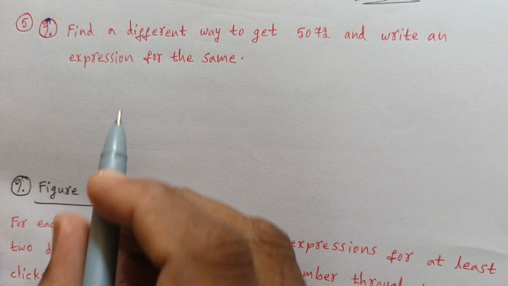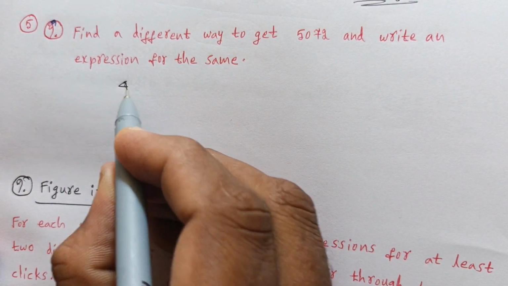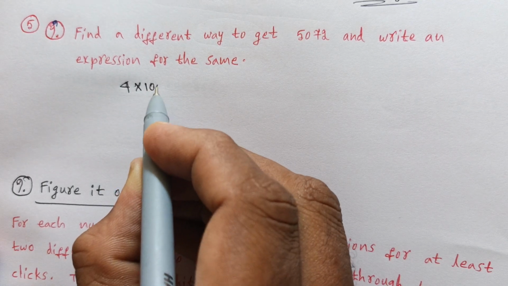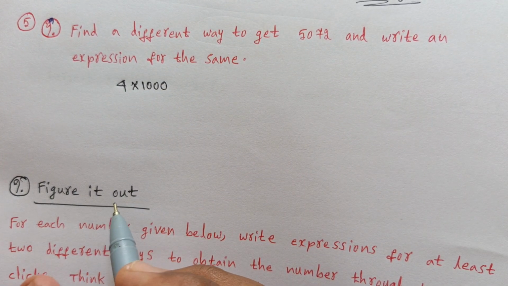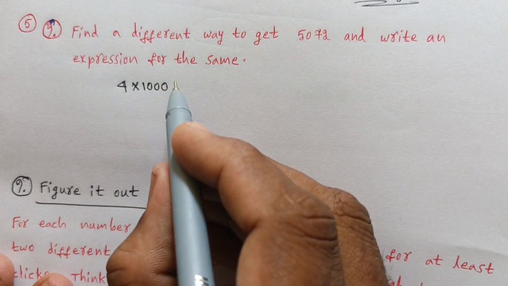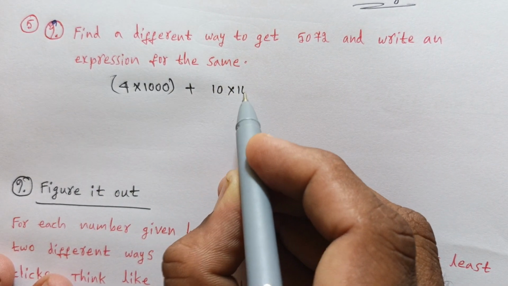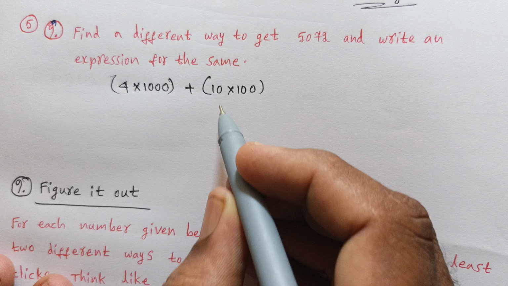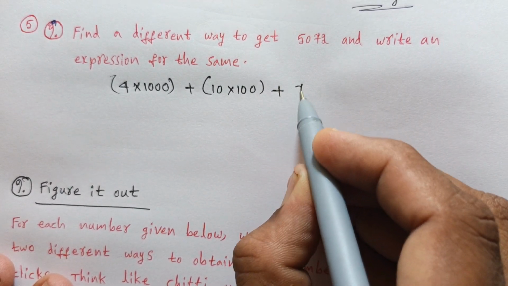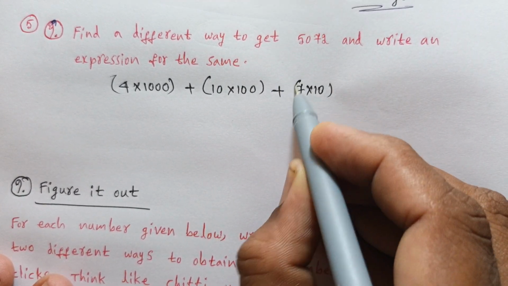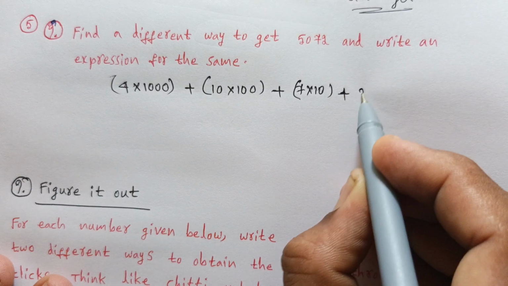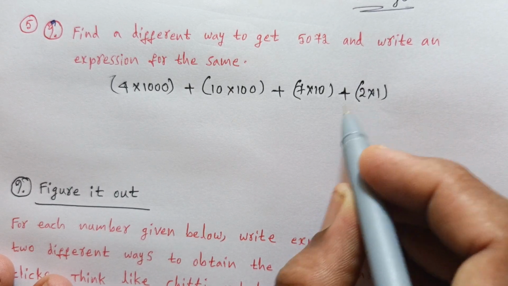So here I am taking one combination: 4 into 1000, plus 10 into 100, plus 7 into 10, plus 2 into 1.